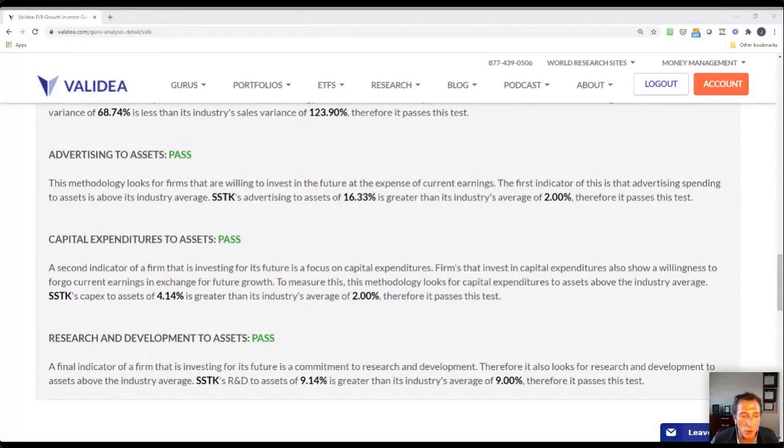One of the things that we do on Validea is PDF reports, where instead of having to jump from guru to guru, in Validea Pro you can bring up our stock reports and you're going to get a letter grade, and you're going to see the top 5 strategies in a PDF report.